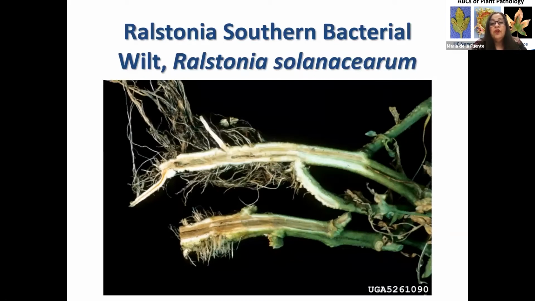That's why it's called solanacearum, but it can move to other plants, specifically ornamentals. When you do a long cross cut into the stems, you can see that the bacteria occupies the xylem and phloem, and that's why it causes wilt.